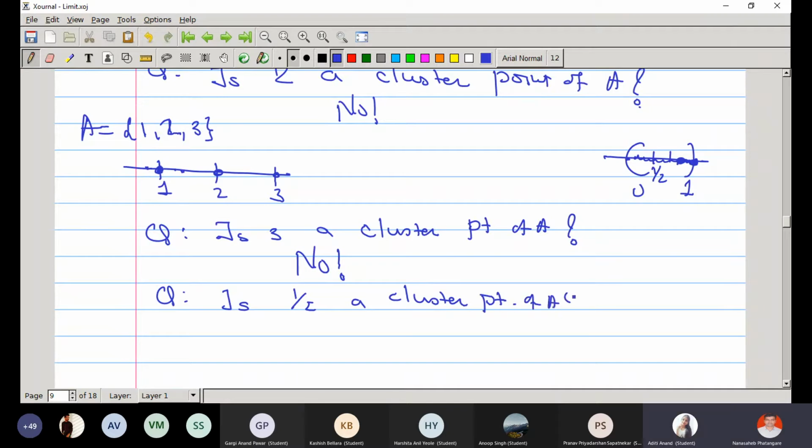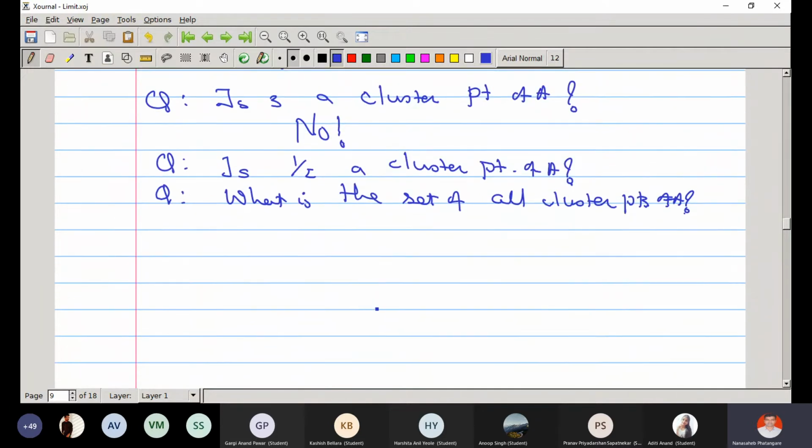No. Of course no. Right? And last question, what is the set of all cluster points of A? Can you tell me what is the set of all cluster points of set A? So it's empty.